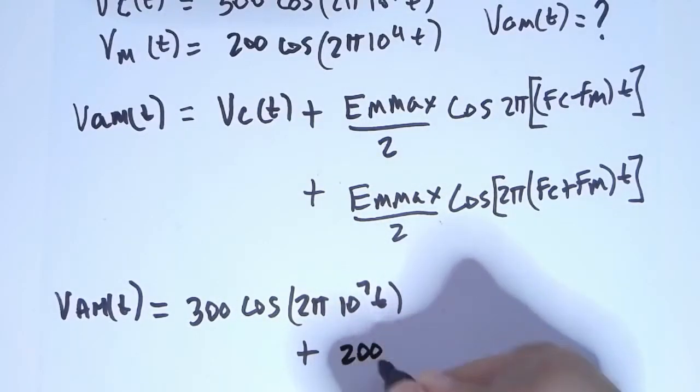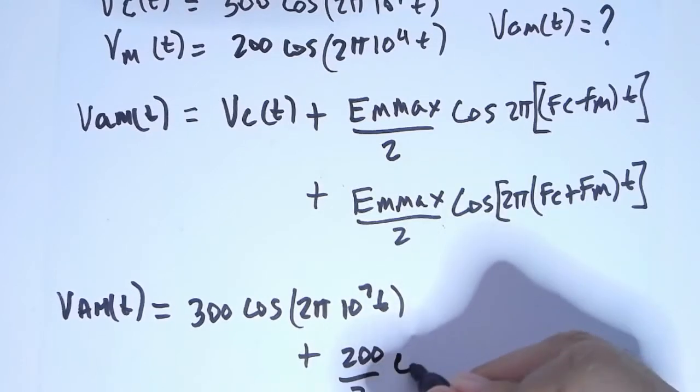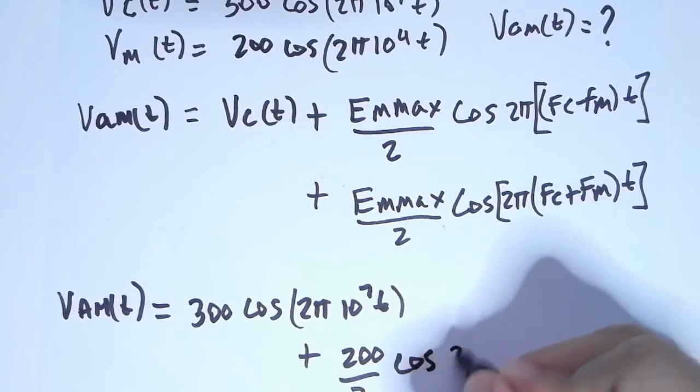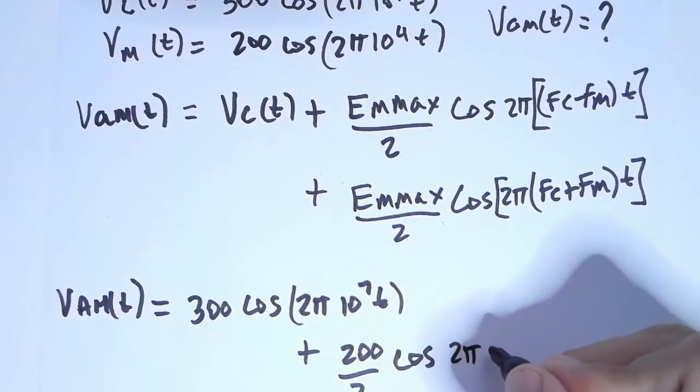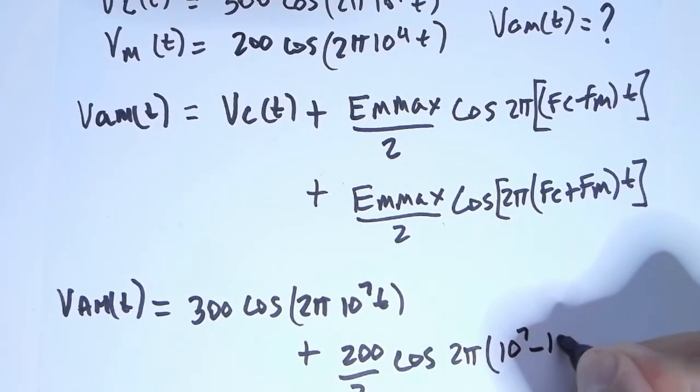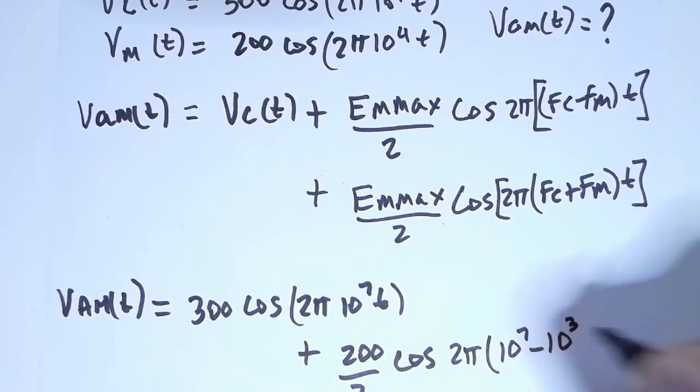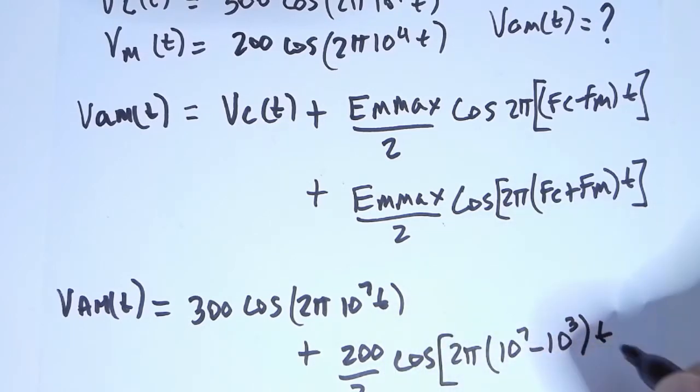So it's 200 over 2 times cosine of 2 pi of the carrier frequency 10 to the 7 minus the modulating frequency 10 kilohertz, right? So we have 10 megahertz minus 10 kilohertz.